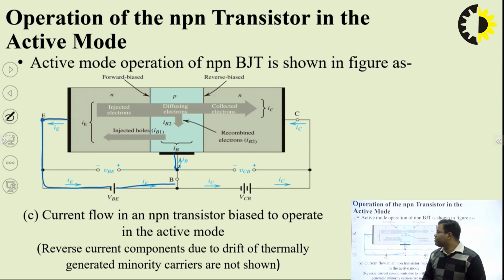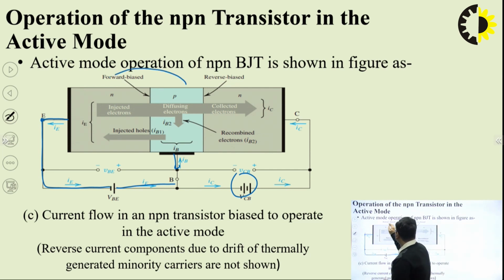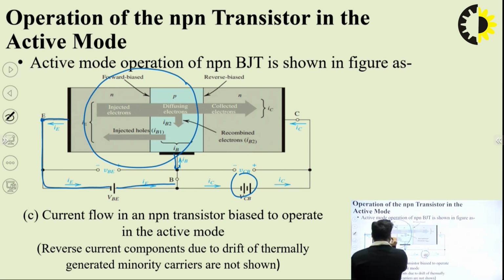And in this mode, the collector base junction is reverse biased by the connection which is shown in the diagram. If we have forward biased this emitter base junction, this is basically a PN junction diode. You can visualize this junction as a PN junction diode. If a PN junction diode is forward biased, then majority carriers will be injected into the base.